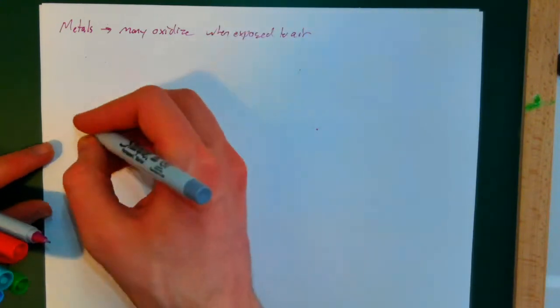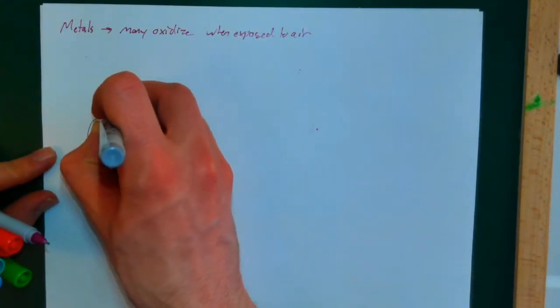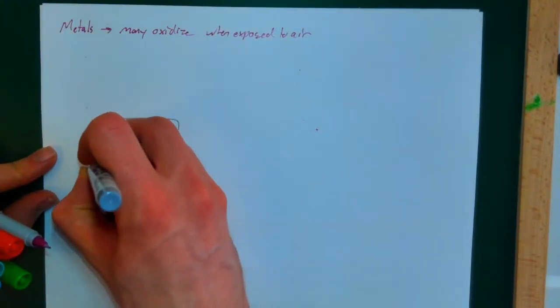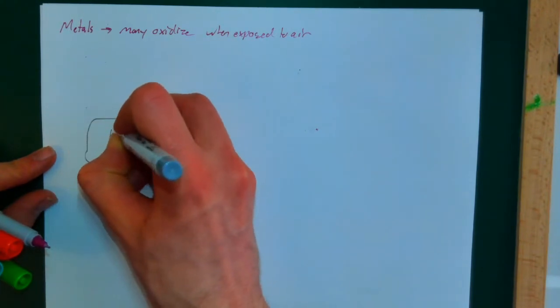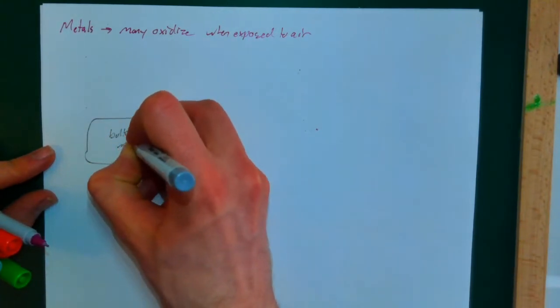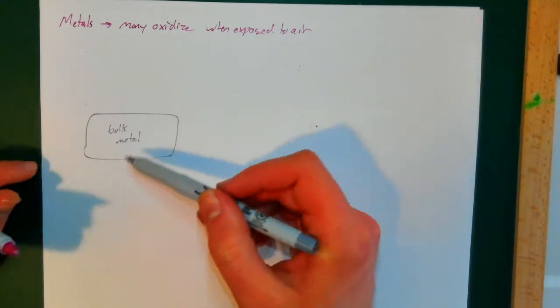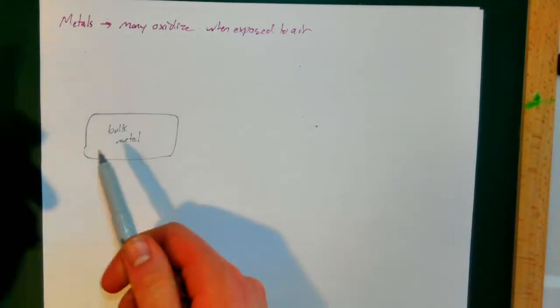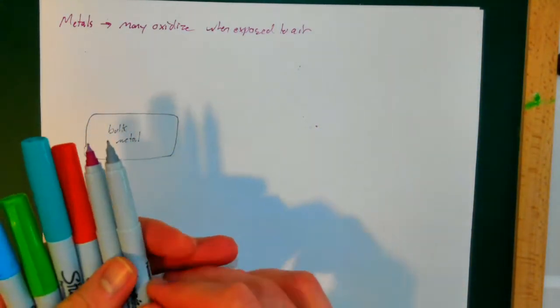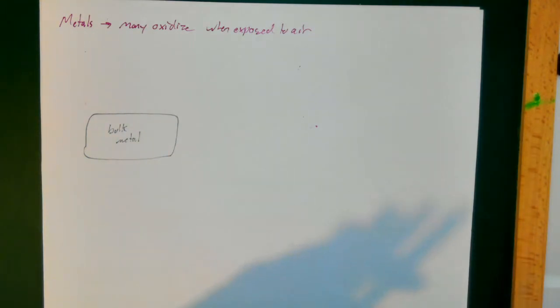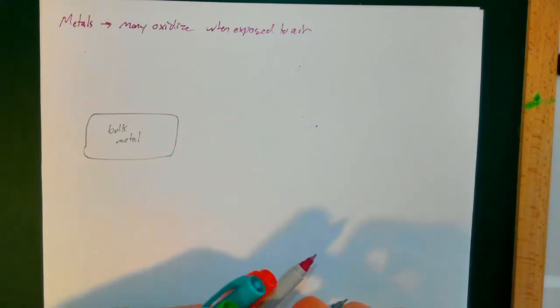We observe something very different chemically on the surface. If I have a bulk metal, we already know from the previous lecture that for many metals, not all of them, it's thermodynamically unavoidable that they oxidize at the surface.